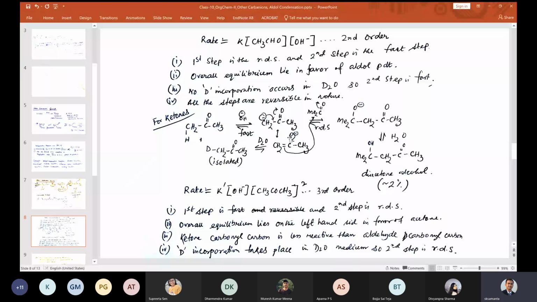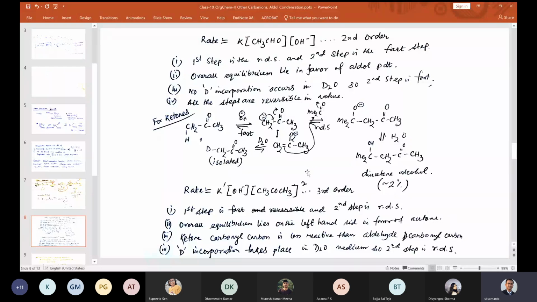Now in the next step, this negative charge can attack another acetone molecule. So this negative charge reacts here to form Me2C=O plus CH2COCH3, and this negative charge can take a proton from water to form Me2COH-CH2COCH3, which is called diacetone alcohol.